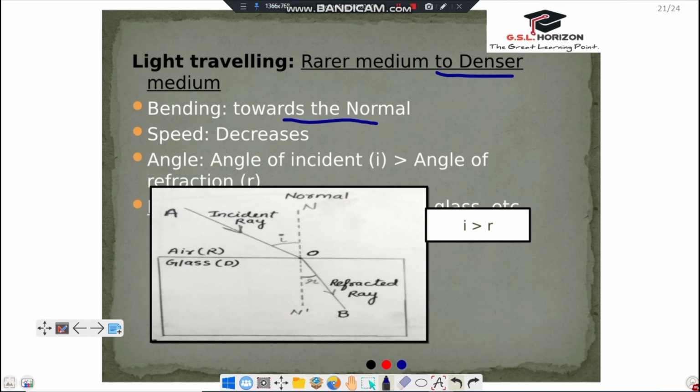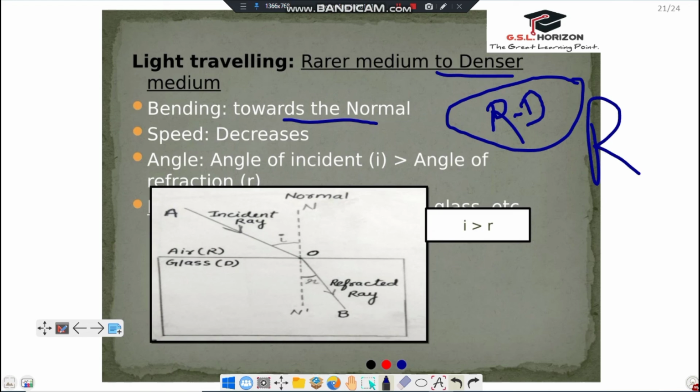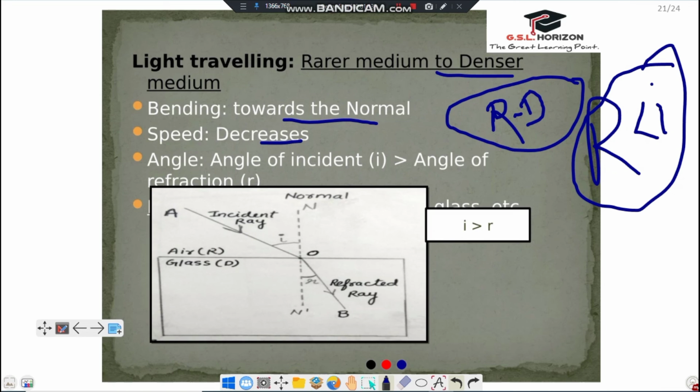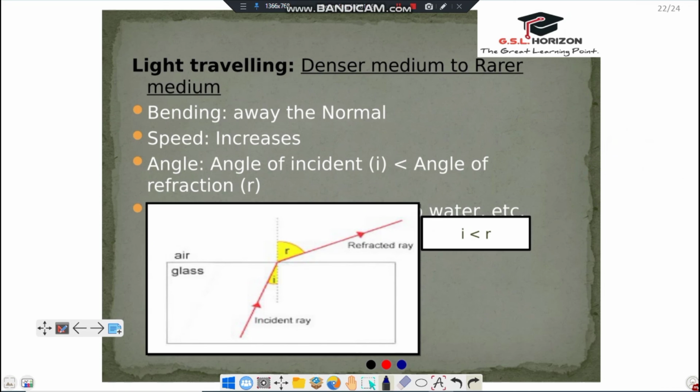When light is traveling from rarer medium to denser medium, the angle of refraction is less than the angle of incidence. The speed of light also decreases.